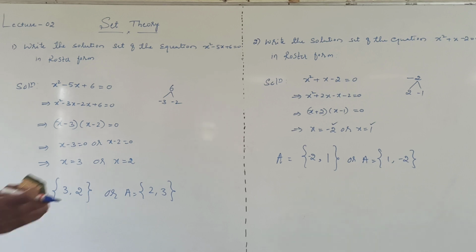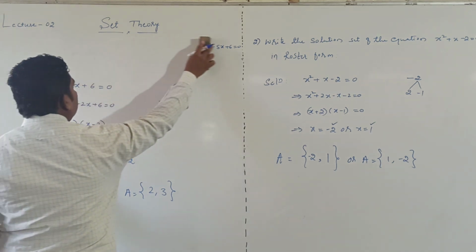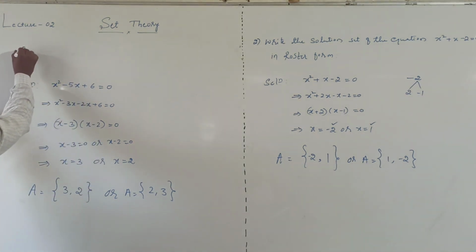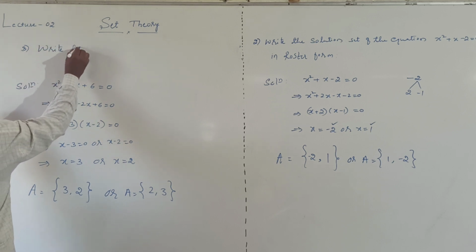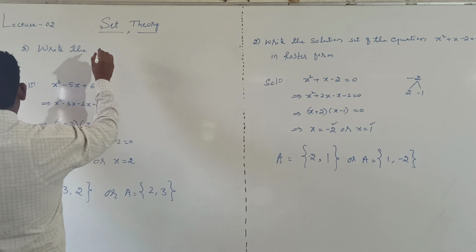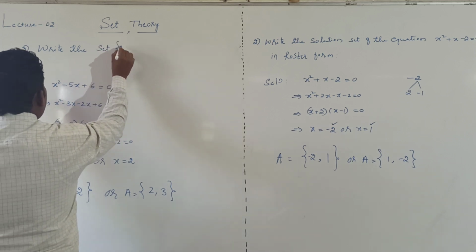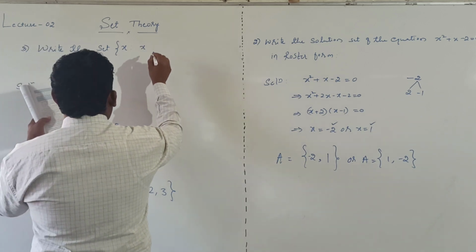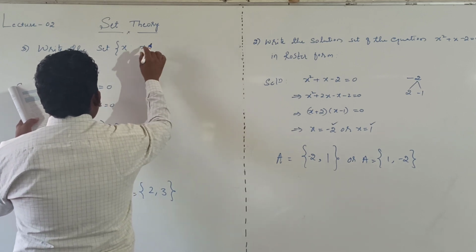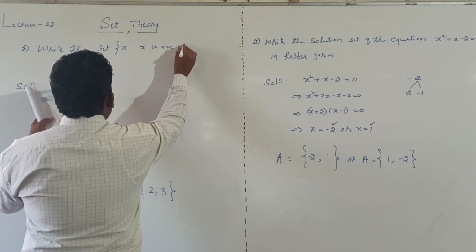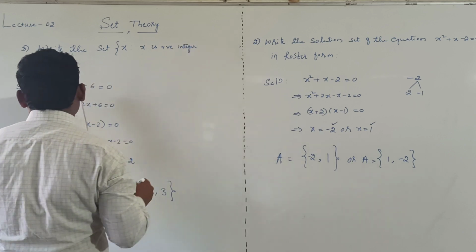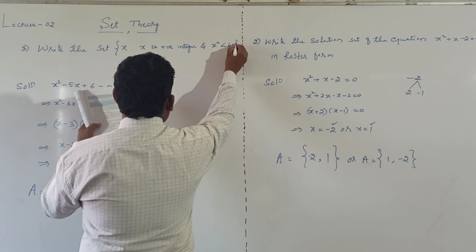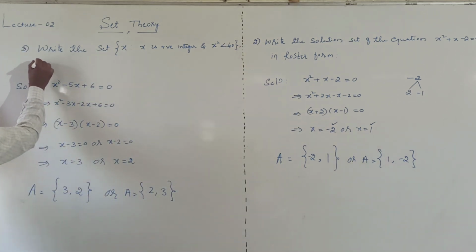Next problem. Write the set of x such that x is positive integer and x square should be less than 40 in the roster form.